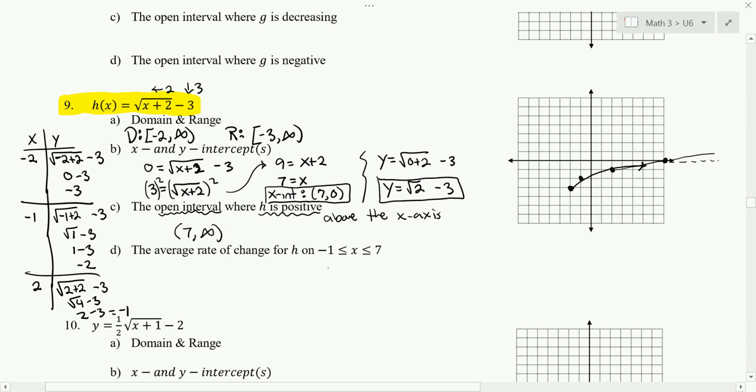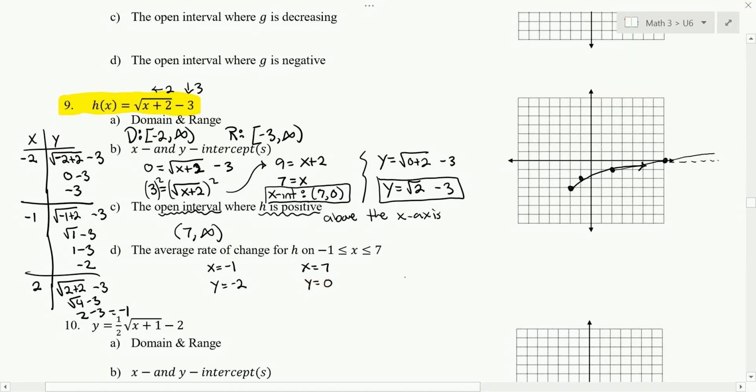Lastly, we are looking for the average rate of change when x is negative 1 and when x is 7. When x is negative 1, we already plugged that in and found that y is negative 2. When x is 7, if we look at our x-intercept, we know that y is 0.